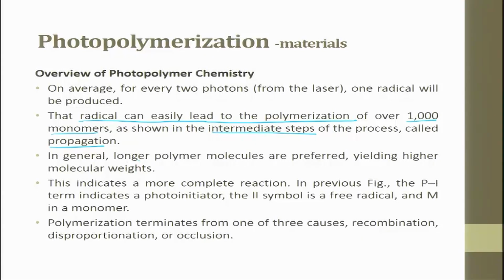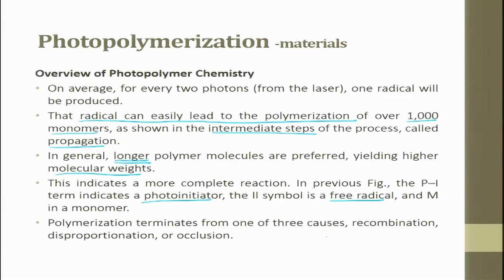In general, long polymer molecules are preferred, yielding higher molecular weight. We don't prefer short, we always prefer longer polymer molecules. This initiates a more complete reaction. In the previous figure, the PI term indicates a photoinitiator, the I with a dot symbol is a free radical and M is a monomer.